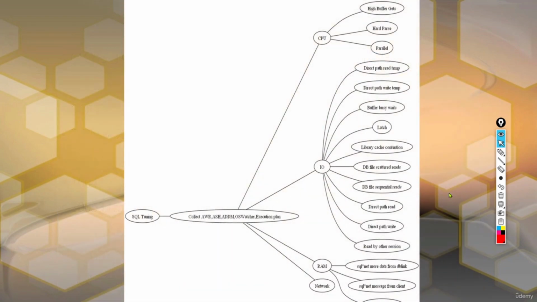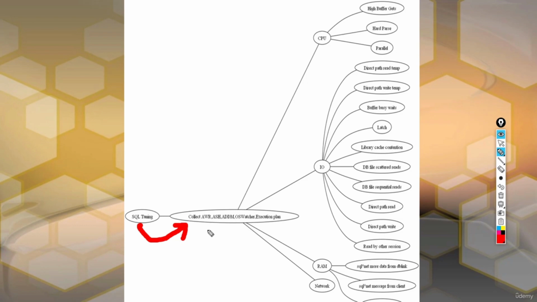Okay, so coming to this mind map, when there is a SQL tuning required, when there is a performance issue for a SQL, the first thing that we do is to check whether that particular SQL is actually an issue in the database or not, right? We cannot blindly tune a SQL.